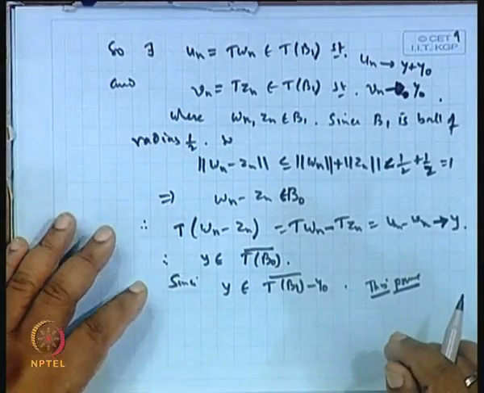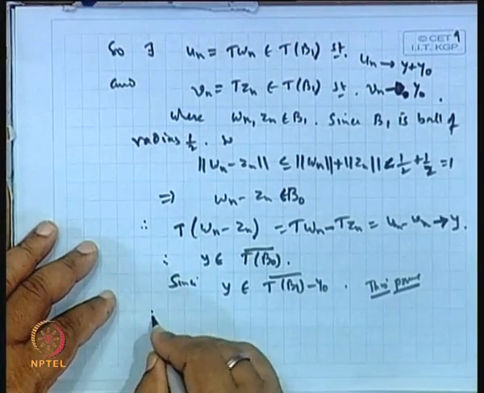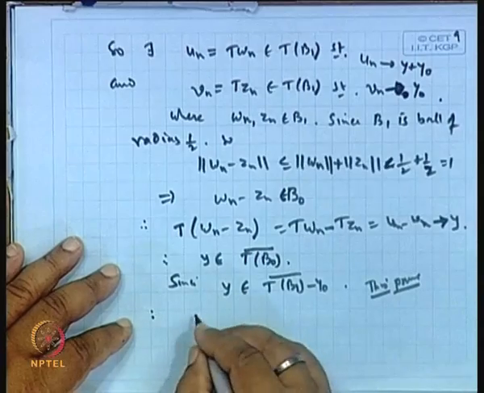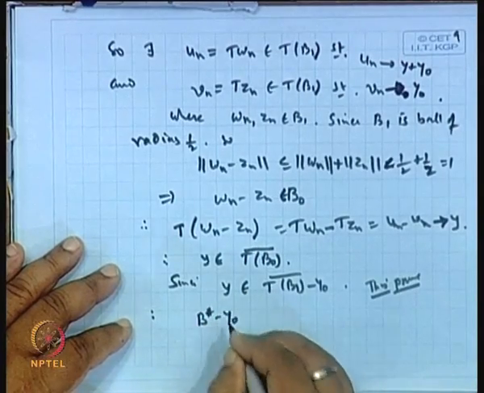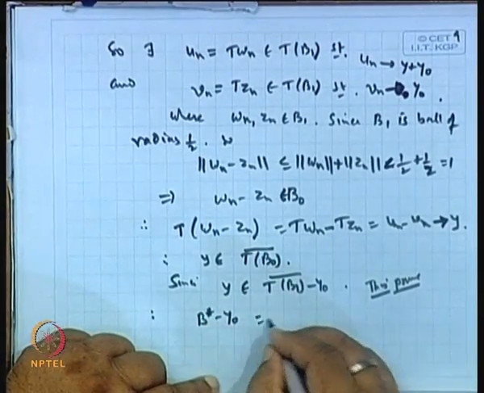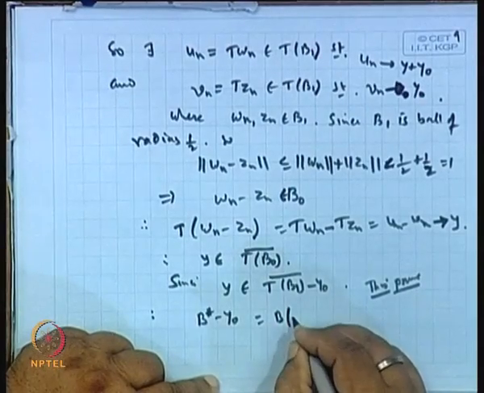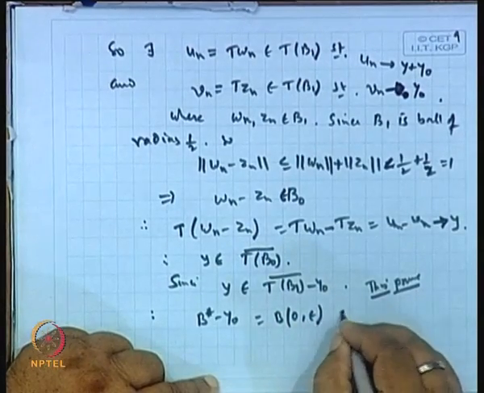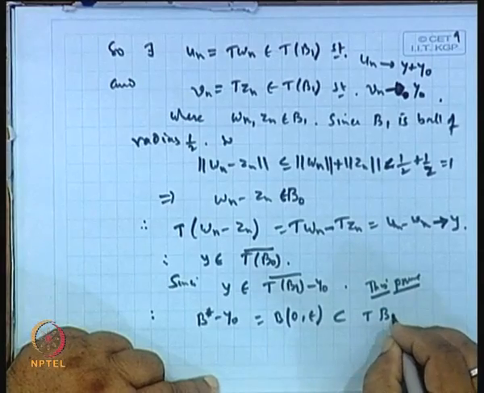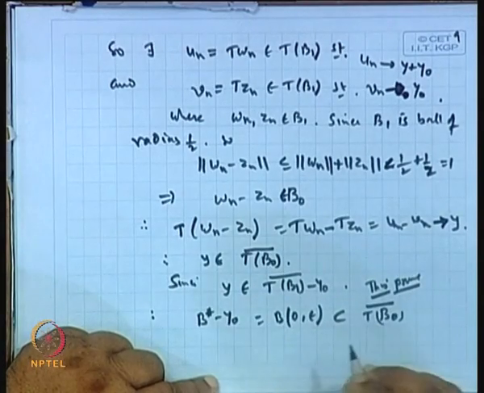Fifth. Now, we thus have V star minus y naught, which is equal to V centered 0 with a radius epsilon, is a subset of T B naught, clear.